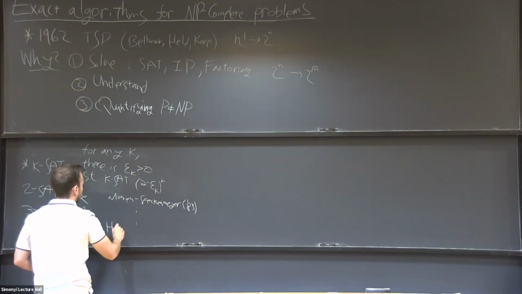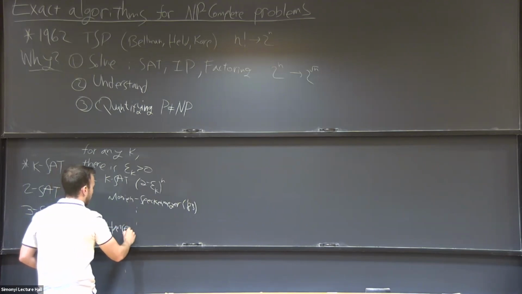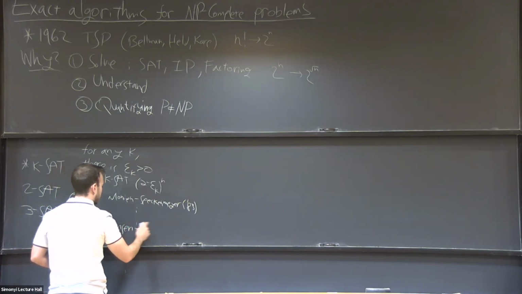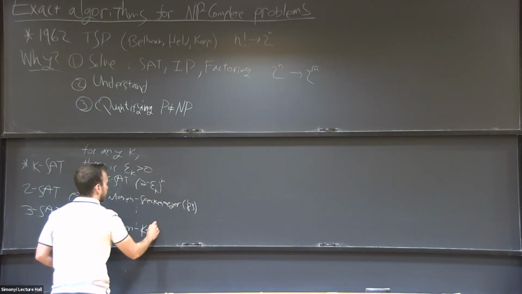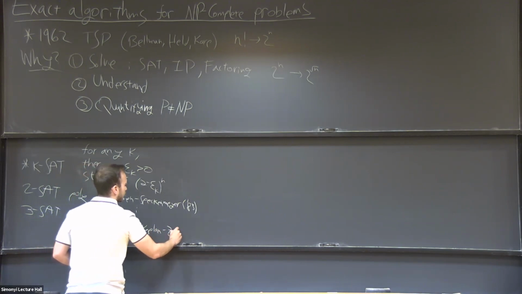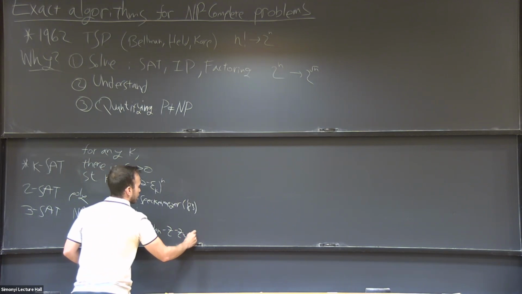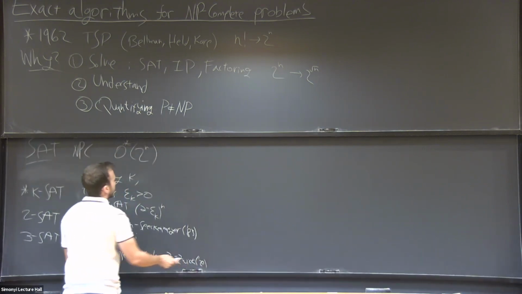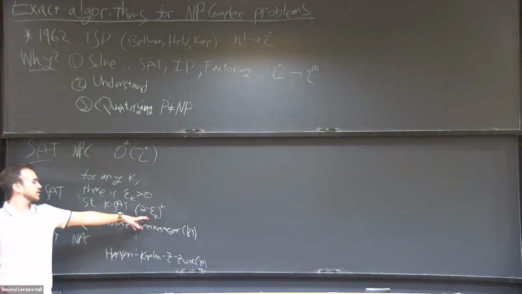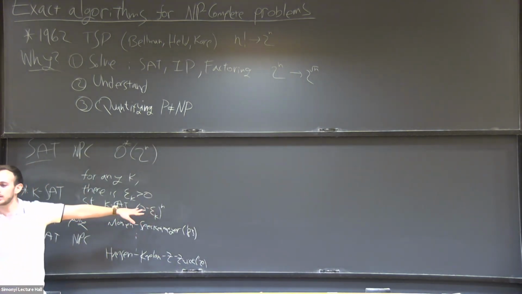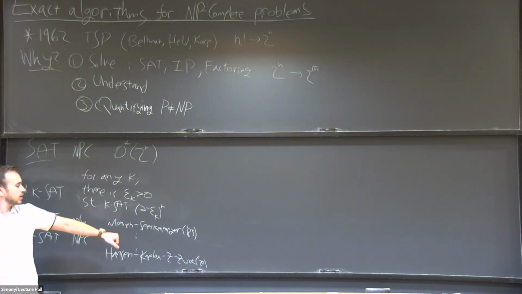I think the best one is still ours from about a year ago, with Hansen and Kaplan. And it is still open: what is the exact asymptotic behavior of this epsilon k?